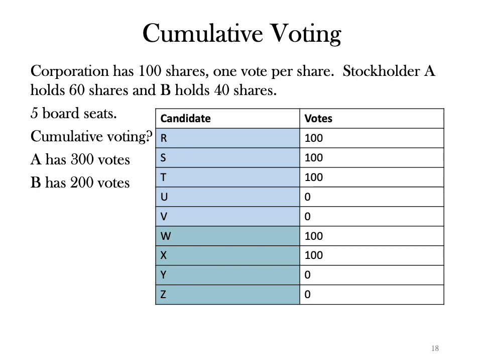So imagine W and X are B's preferred candidates. A will spread the 300 votes across 3 candidates to ensure that A elects 3 candidates to the board.